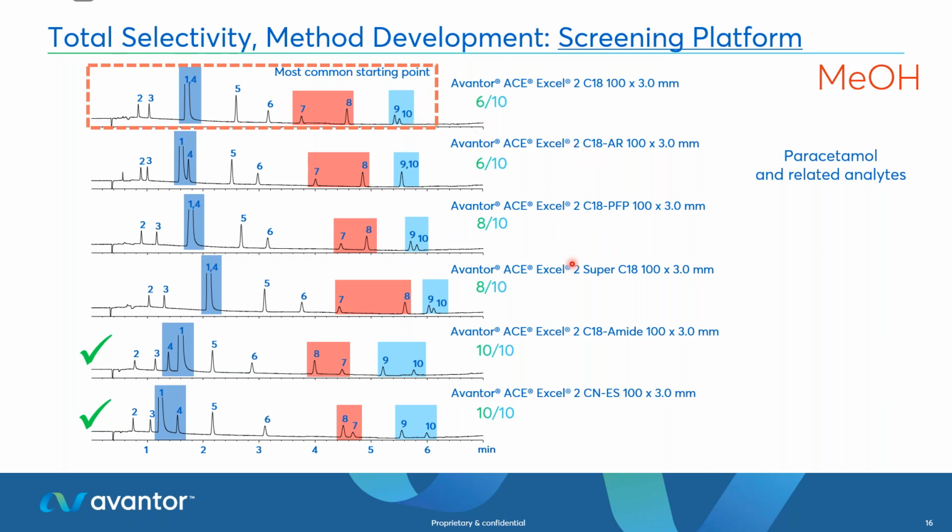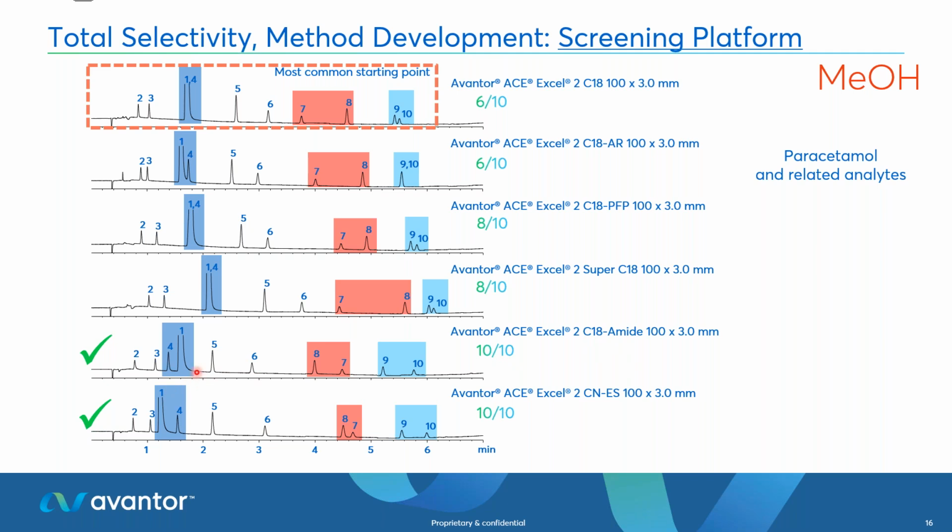As you go through the different column chemistries, and I've tried to highlight this in the boxes, you can see different resolution is achieved on those critical peak pairs. So you see I've already got better resolution here on the aromatic, so the C18 phenol type column, between peaks 1 and 4. And those are a problem on a lot of the chemistries, but actually this amide, so the polar embedded phase, pulls them apart really nicely.